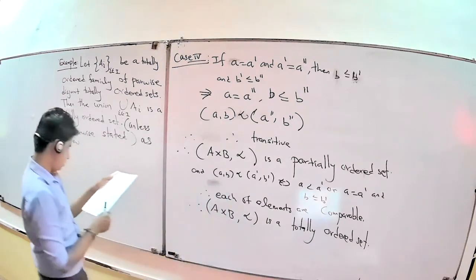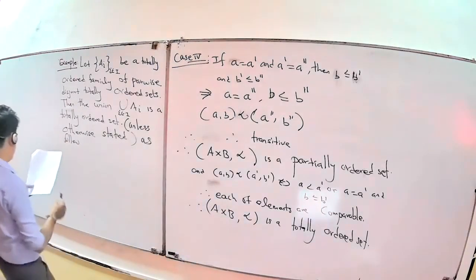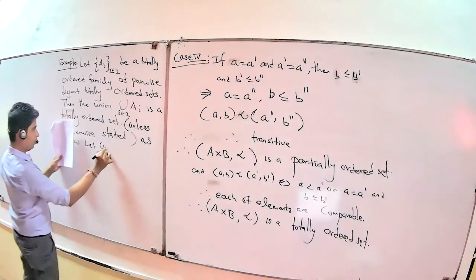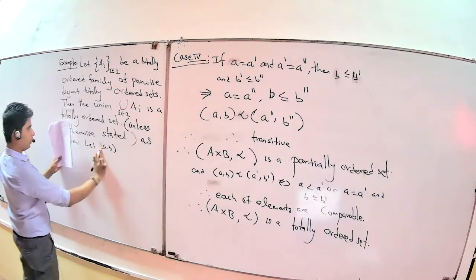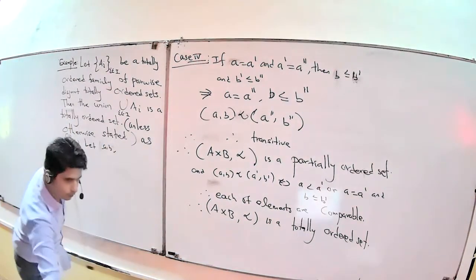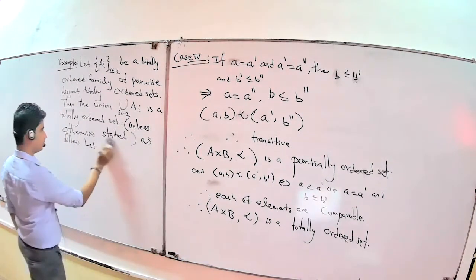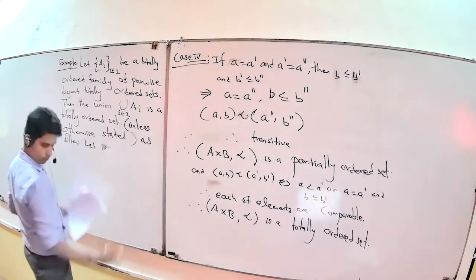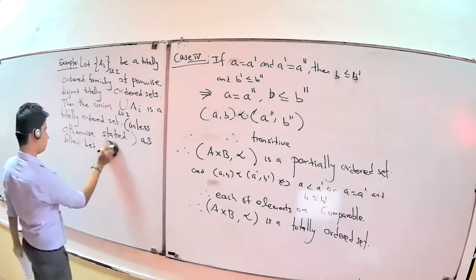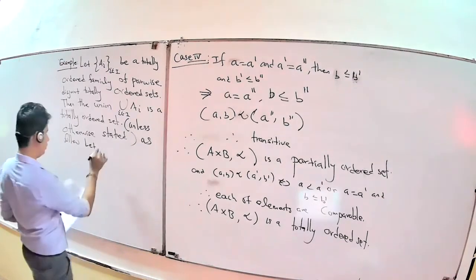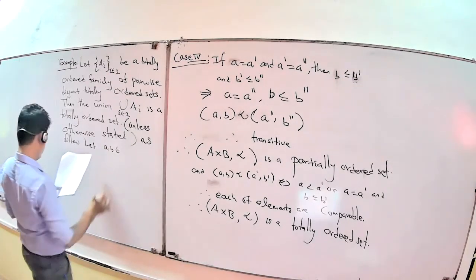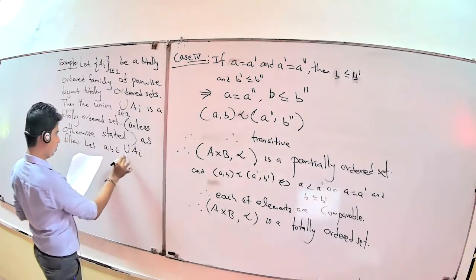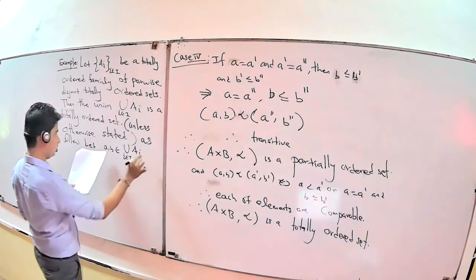This part you prove. Let a, b belong to the union of A_i, i belonging to the index set.